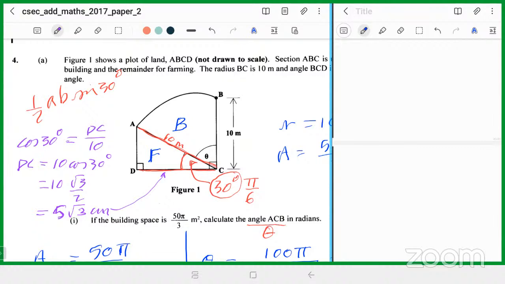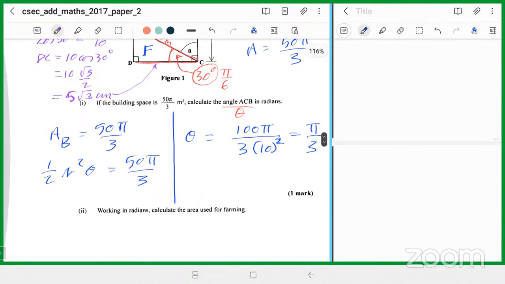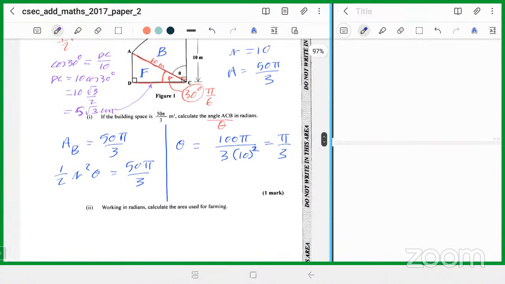So that side is now 5 root 3. And so the area used for farming, if we were to calculate it down here, let's call it area F, is equal to, using the same formula, half AB sine of 30 degrees. You know the angle is 30.